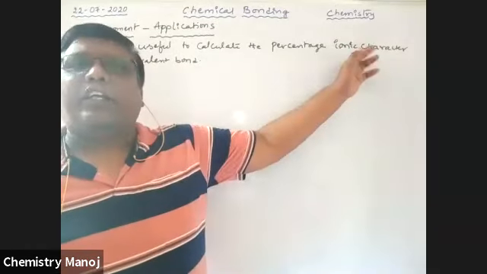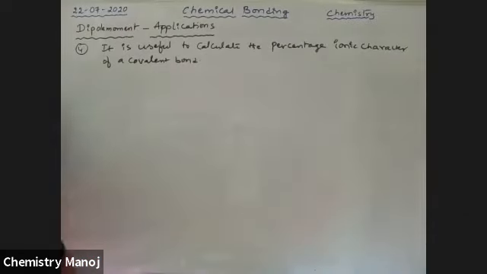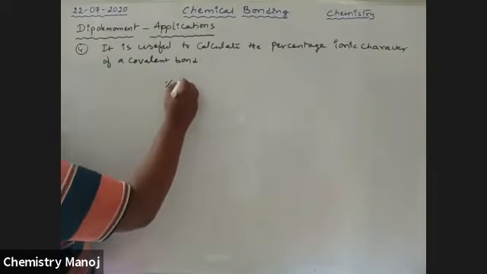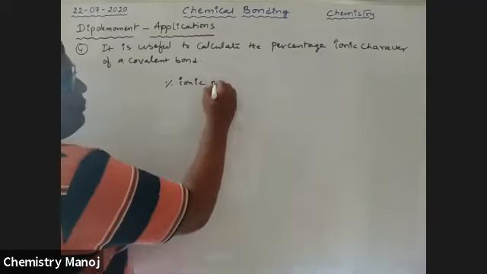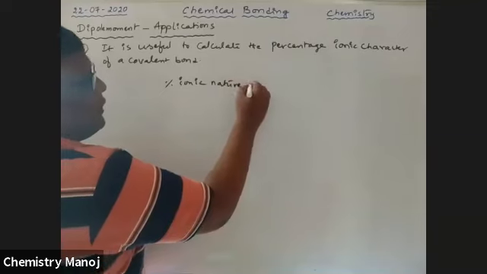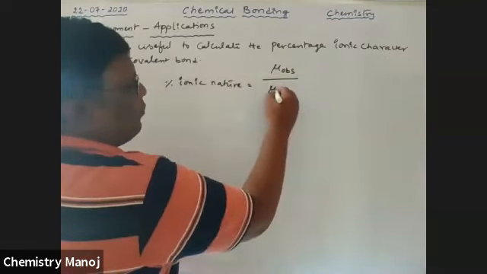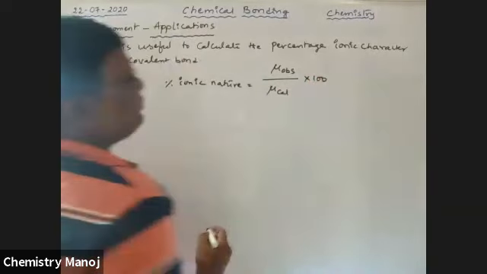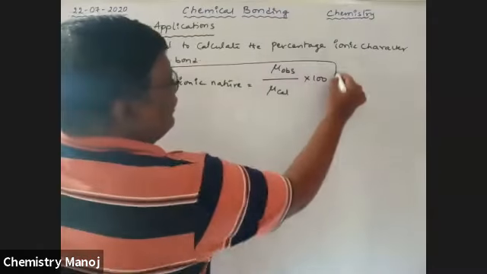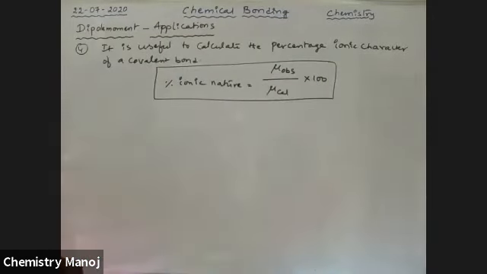That percentage of ionic character is calculated by using the formula. Percentage ionic nature, very, very important, boys, is equal to mu observed by mu calculated into 100. Very important formula. Many times questions are asked on this formula.